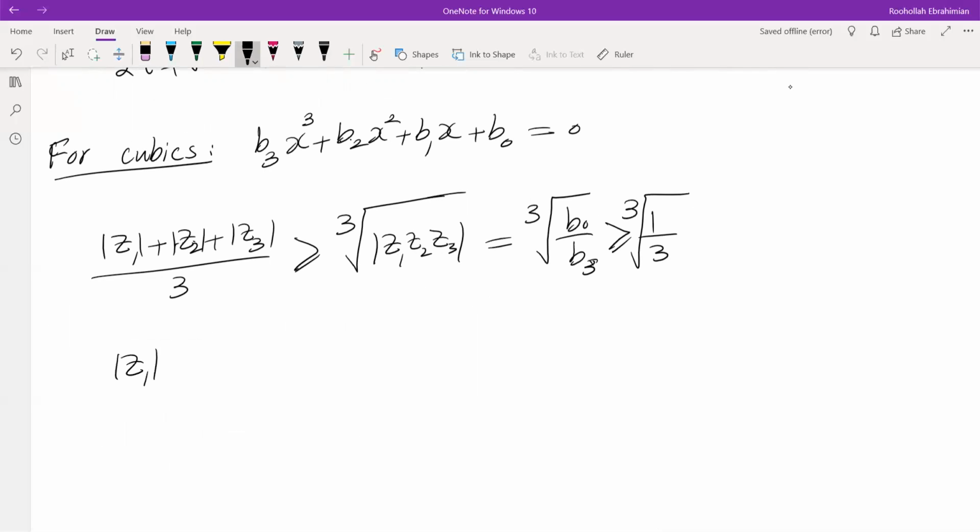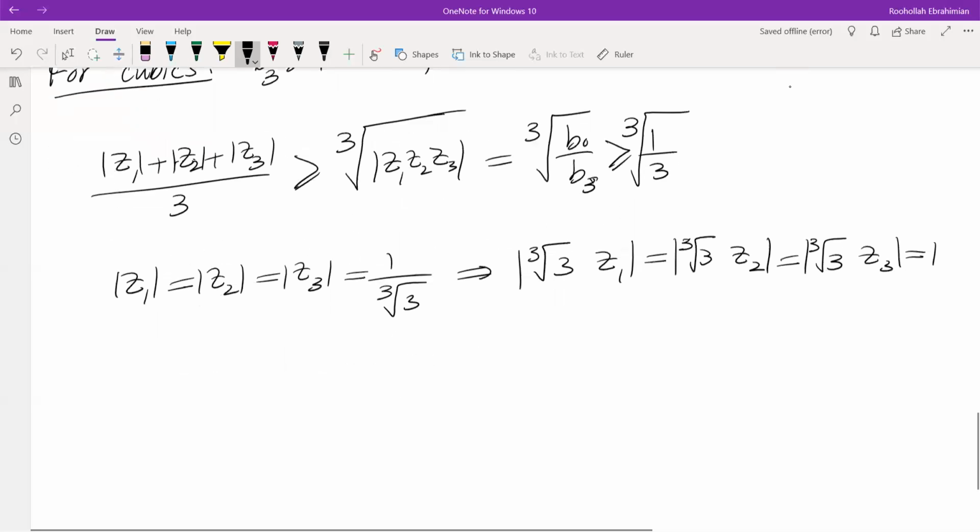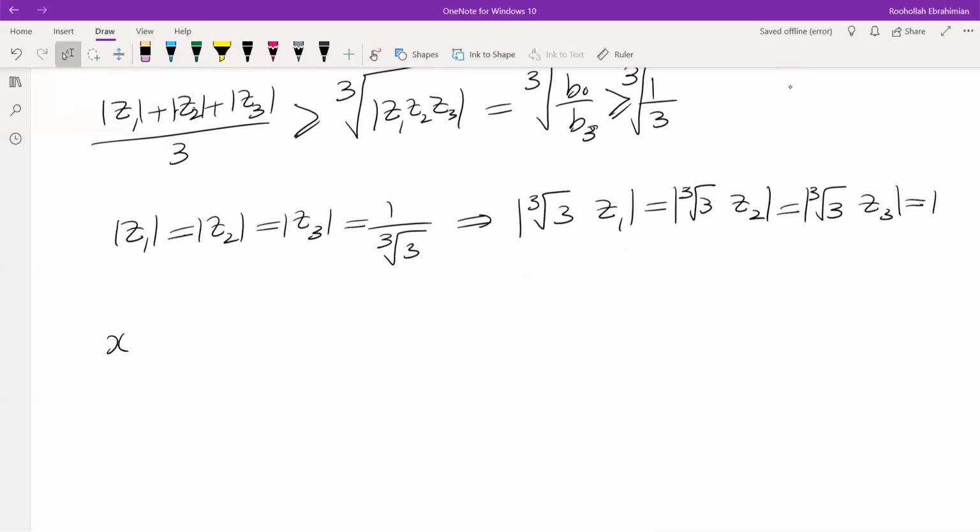So we want the absolute values of z1, z2, and z3 all to be 1 over the cube root of 3, which means the absolute values of cube root of 3 z1, cube root of 3 z2, cube root of 3 z3 are all 1. So you could think about a cubic where all of the roots are roots of unity. One example would be x cubed plus x squared plus x plus 1.